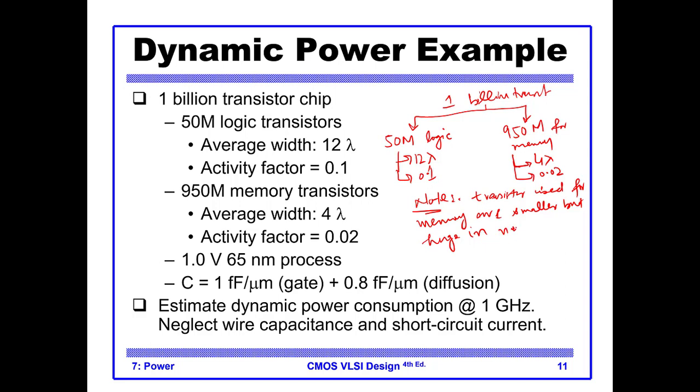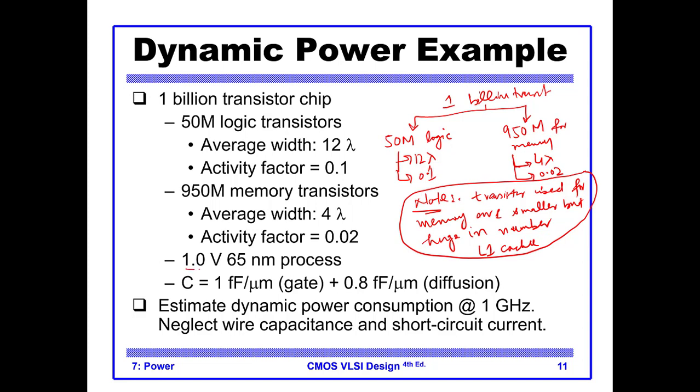This is a typical case: if you take a chip, more than 50% of the area of the chip will be memory. It may be a level 1 cache or maybe level 1 and level 2 cache. They are on the chip, so a huge amount of area is occupied by the memory subsystem.